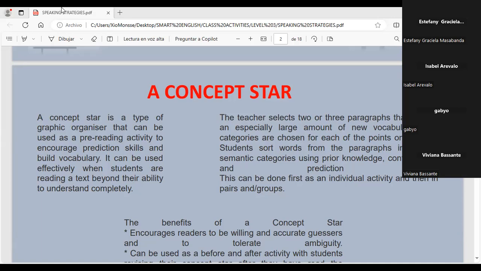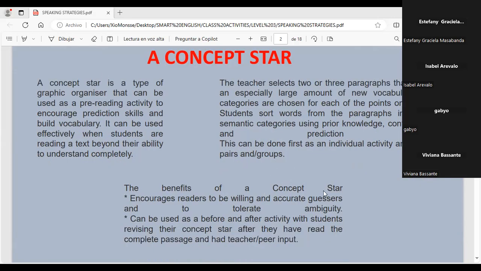This can be done first as an individual activity and then in pairs, or you can ask them to do this activity individually. You can vary this activity. The benefit of a concept star is that it encourages readers to be willing and accurate guessers and to tolerate ambiguity.